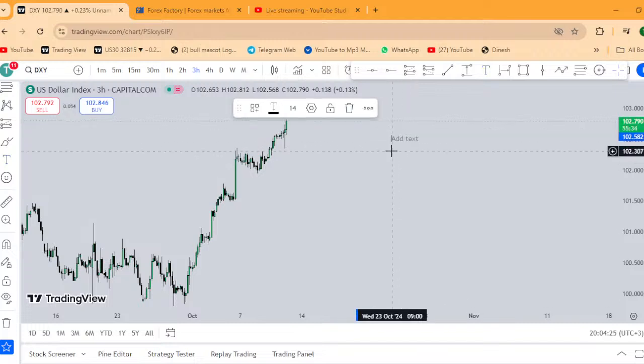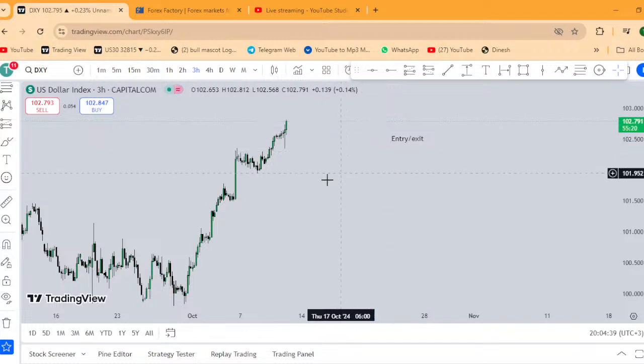There are always a few things. We always focus on our entry and also the exit level. Entry and exit.